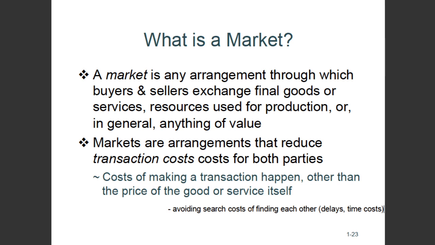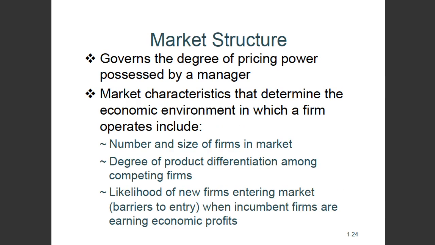So the point of the market is the degree to which the characteristics are a perfect market. We use the perfectly competitive market as the baseline, and then we abstract away from it.